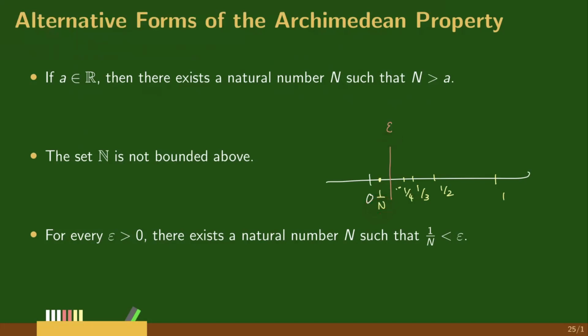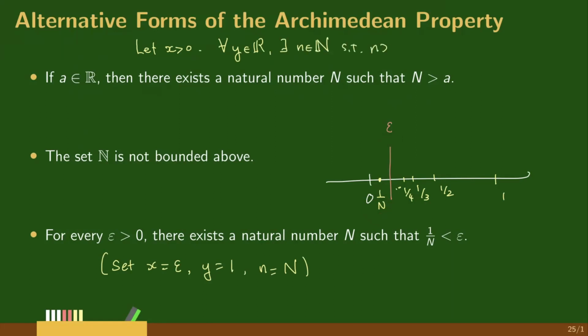The question, why is this the Archimedean property? Dito sa form na ito, isa-set niyo yung x to be epsilon, yung y to be 1, tapos yung little n to be capital N. Kasi di ba ang AP ganito, for all y, there exists an n such that nx is greater than y.